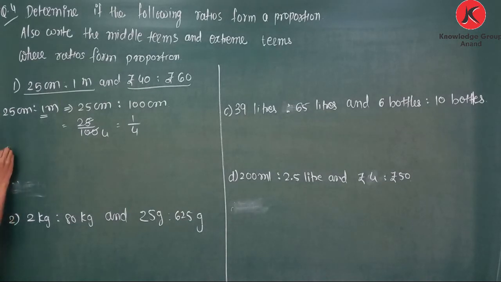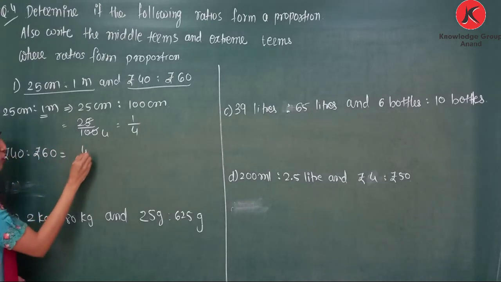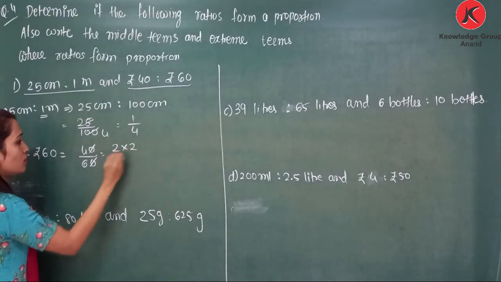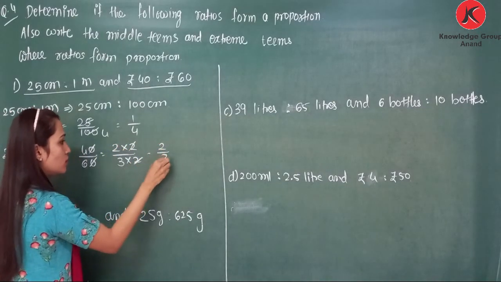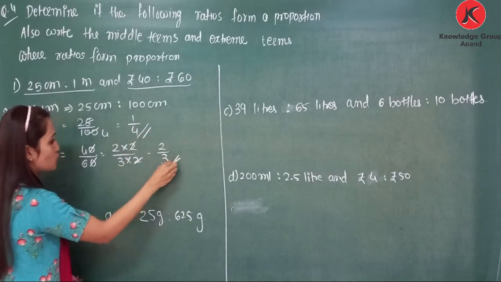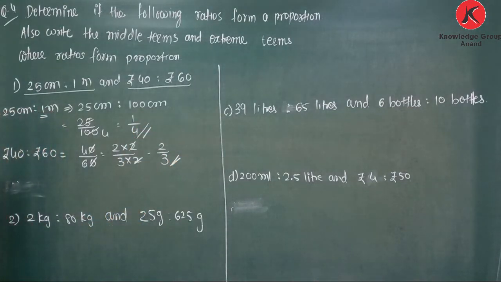Next, rupees 40 is to rupees 60. So 40 will be in the numerator, 60 will be in the denominator. 2 twos are 4, 3 twos are 6. So the 2s will be cancelled, so it is 2 by 3. Now this is 1 by 4 and this is 2 by 3. So the ratios are not in proportion.